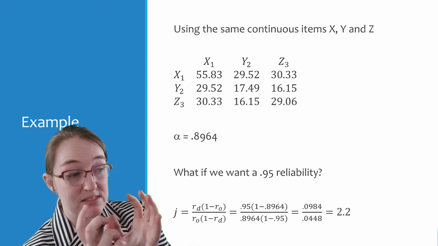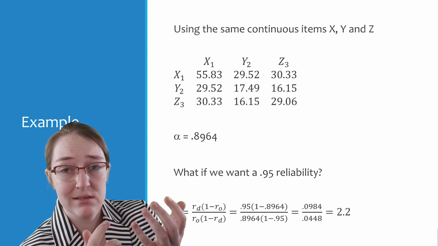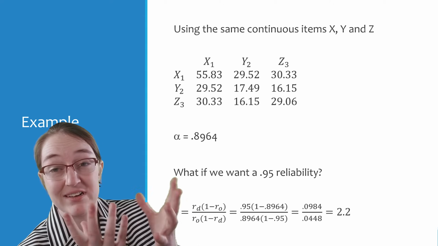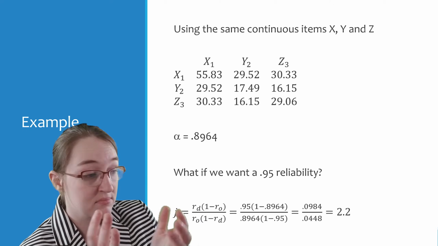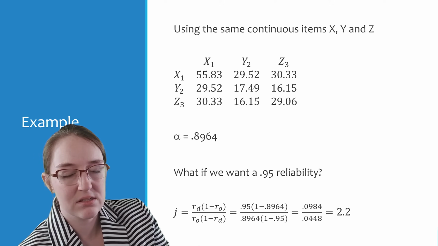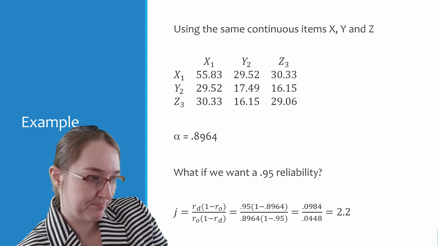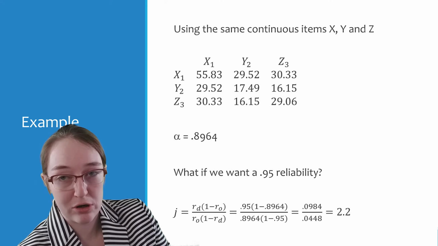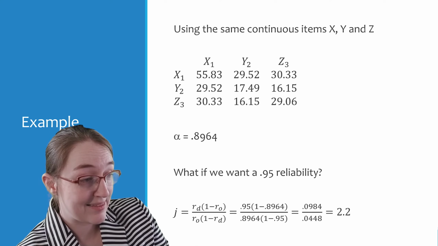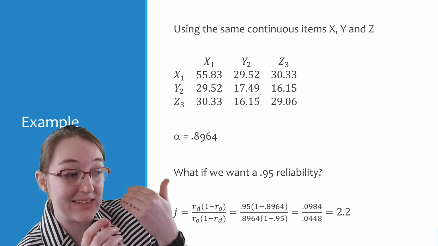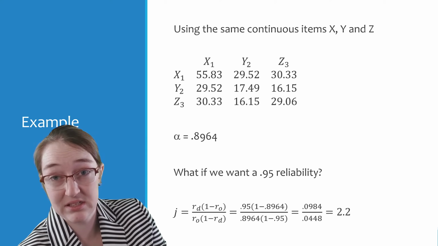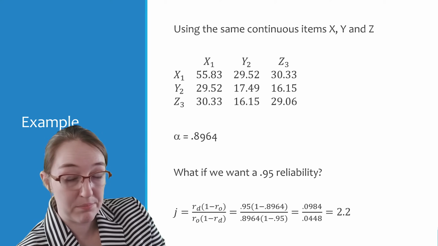So the 1 minus the proportion of variance explained. So it's our reliability times the proportion of variance left unexplained. And then we divide that by our current alpha, R sub O, so just under 0.9. And then we multiply that by the difference between 1 and what we want our reliability to be. And we pop those numbers in.